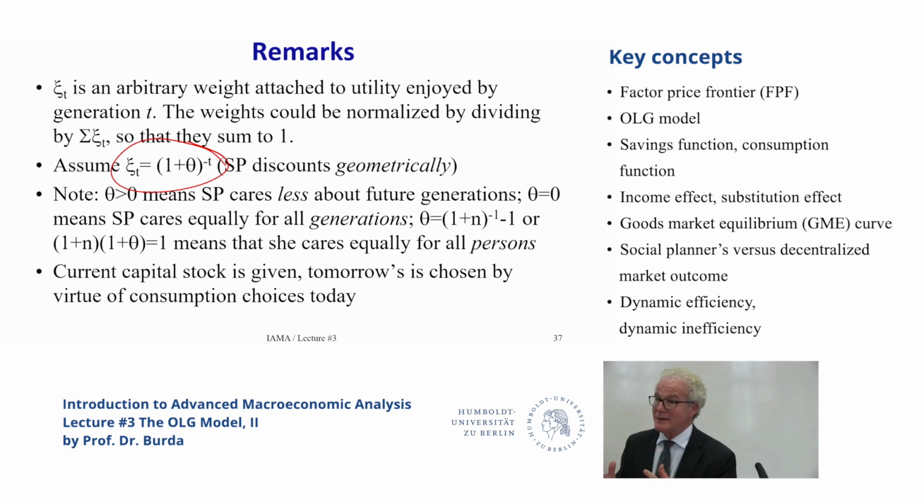But no matter what, the current capital stock is determined by the decisions that are taken in period T. Even if the social planner takes it, the social planner will determine how much consumption today for the young and the old and how much capital goes into the next period. And next week we'll describe that in detail, thinking about intergenerational altruism and selfishness. Okay? Any questions?